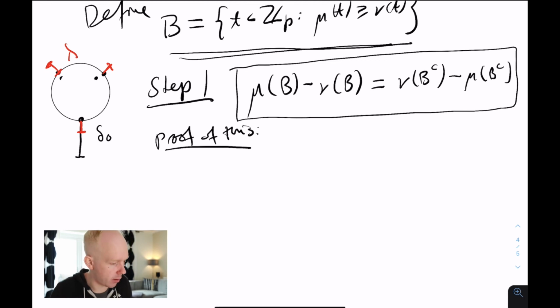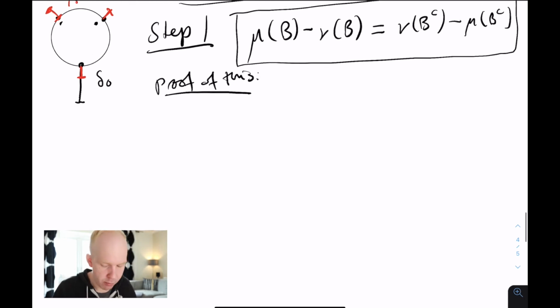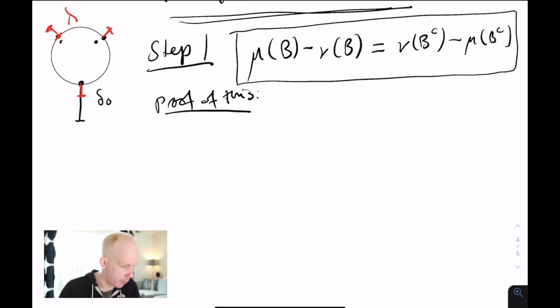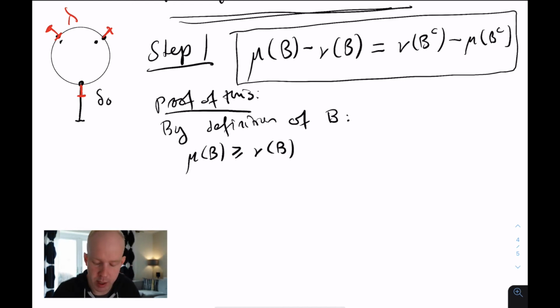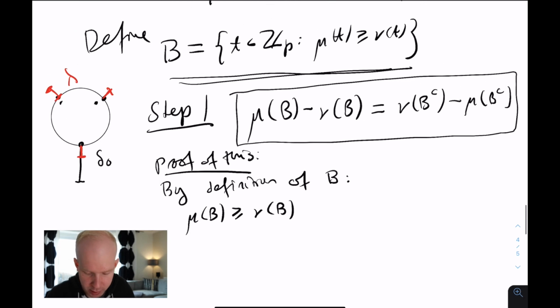So the proof of this, let's prove this first. How would we prove that this is equal to the thing? So by definition of B, we have that the measure of mu B is at least the measure of nu B. That's because by the definition of this set, all the values of mu t are bigger than nu t.